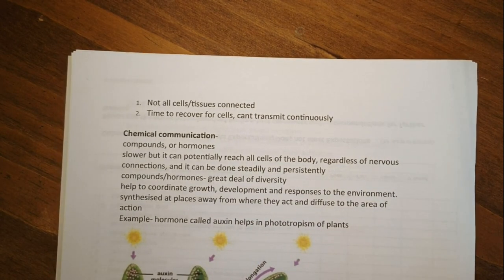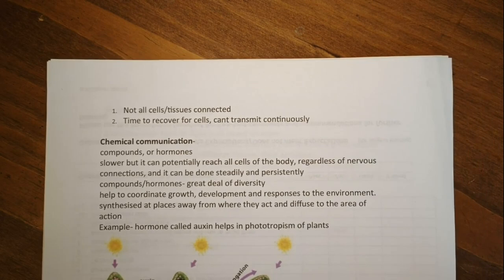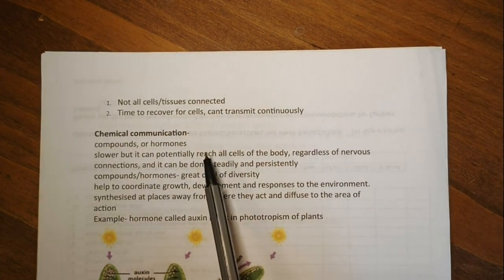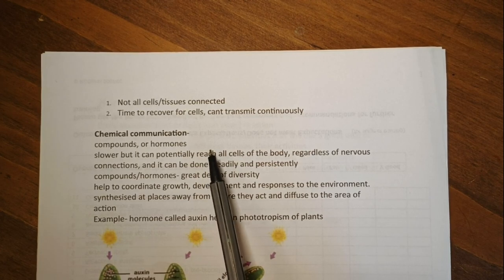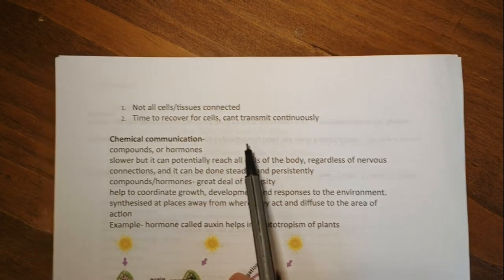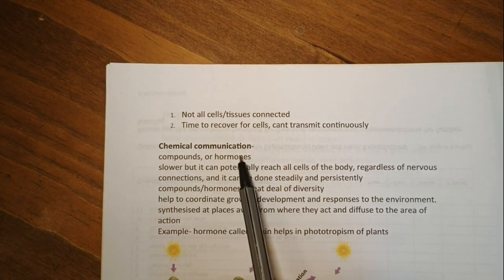So cells cannot continuously create and transmit electrical impulses. That is why in most multicellular organisms, along with electrical communication, there are other communication pathways and they use chemical communication.